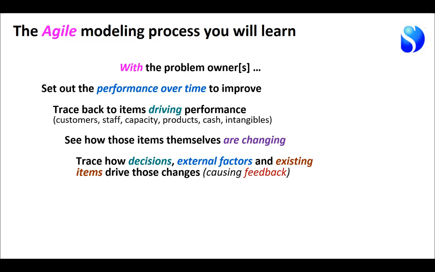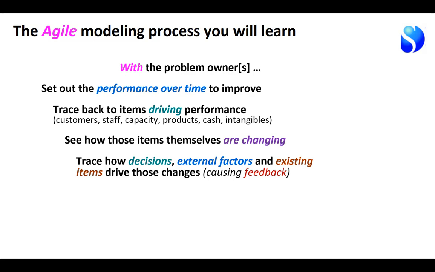Are you winning customers because existing customers are telling their friends how great your product is? Those are decisions, external factors, and existing items driving those changes. And that last item gives rise to feedback, and that feedback can help accelerate improvements in your business, or other kinds of feedback can hold that back, and we show you how that works out.